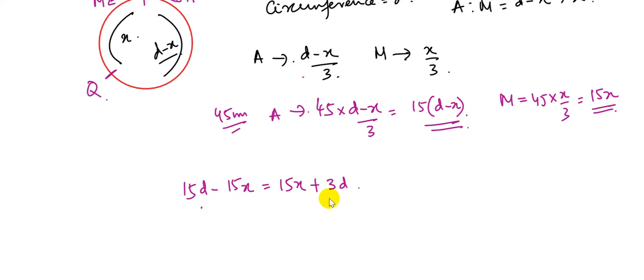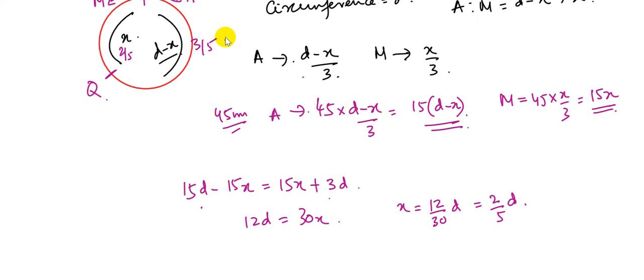So that means 15 minus 3, 12d equals 30x, or x is equal to 12 by 30 d, which is 2 by 5 d. So that means this is 2/5 of the whole distance, this is 3/5 of the whole distance.